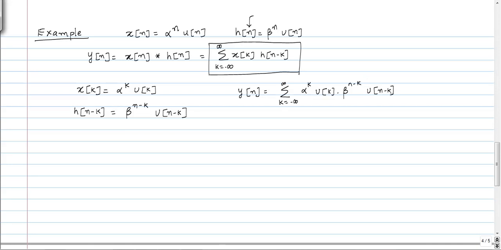Maybe I'll write it in two steps. This we can rewrite as the sum for k going from minus infinity to plus infinity of alpha to the k beta to the n minus k times u of k times u of n minus k.